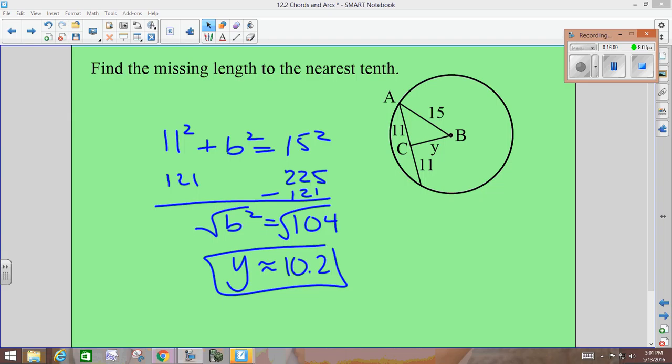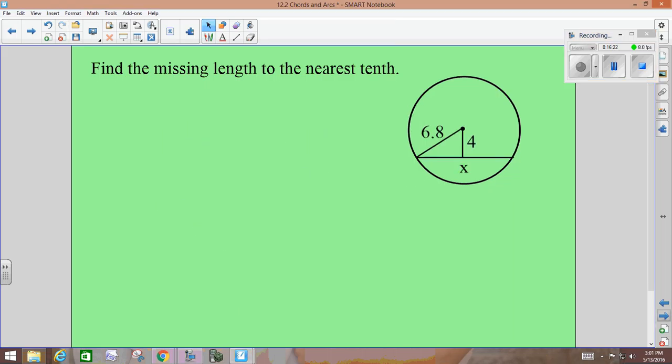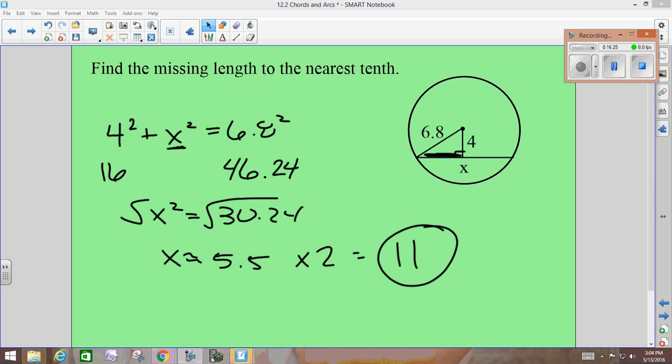The diameter that bisects a chord is perpendicular to the chord. Yes, I'll take that one. Because you know that the chord was getting bisected, 11, 11, then you know that you have a right angle there. So if it gets bisected, then it's a right angle. If it's a right angle, then it gets bisected. Got it, Gracie? Yep. Okay, do the last one. And you should get 11 as your answer.